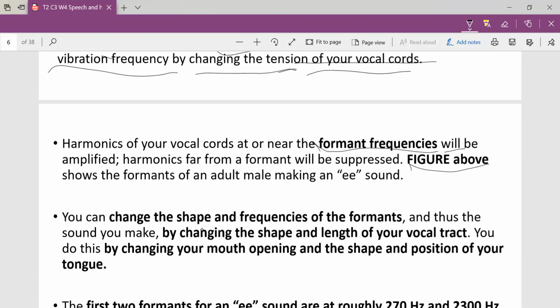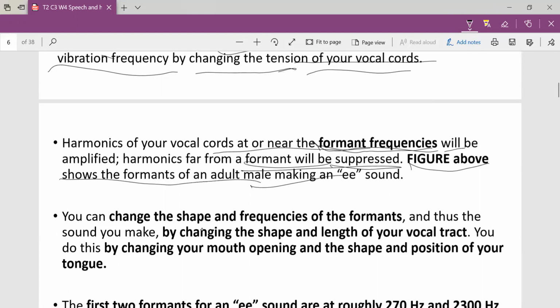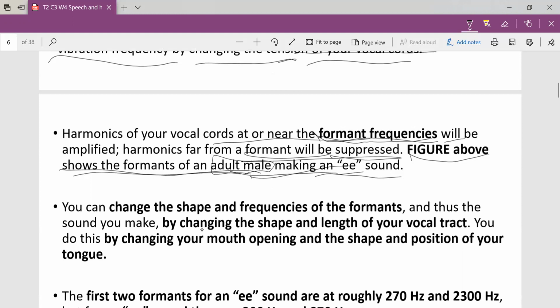Those harmonics near the first formant are suppressed so that we can hear the sound of the first formant, which is the fundamental frequency, distinctly, to say that this sound is coming from the letter E or U or A and so on. Okay, so the figure we saw is a typical example of an adult male making the sound E.